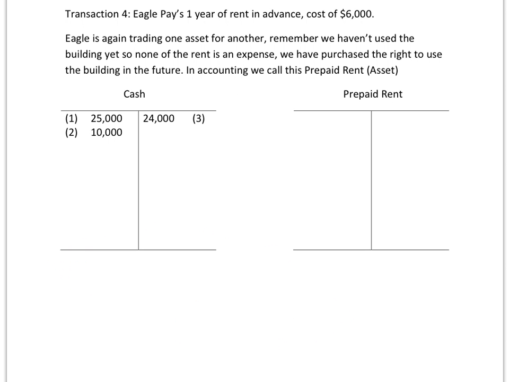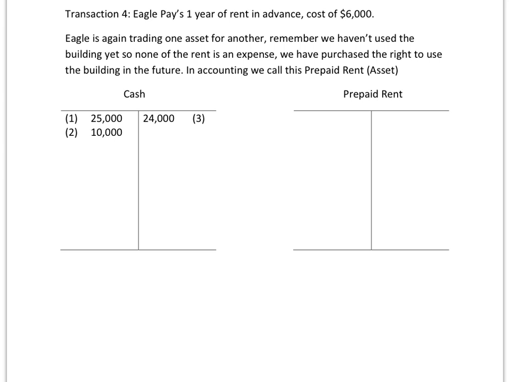Transaction 4. Eagle pays 1 year of rent in advance, cost of $6,000. Now, this is a preference question, essentially, or a preference entry. We haven't used the rent yet, so it's not exactly accurate to put it in rent expense, although some companies may do it.